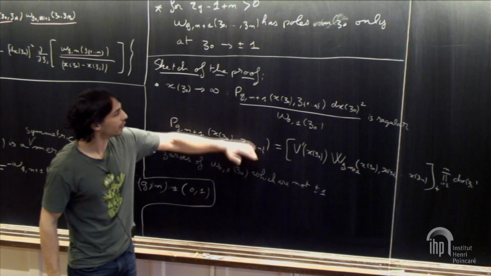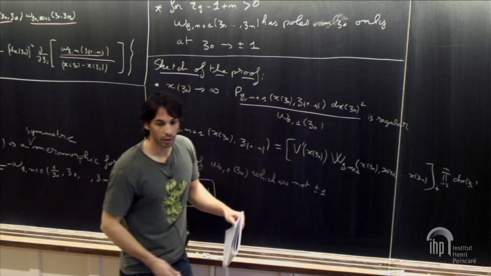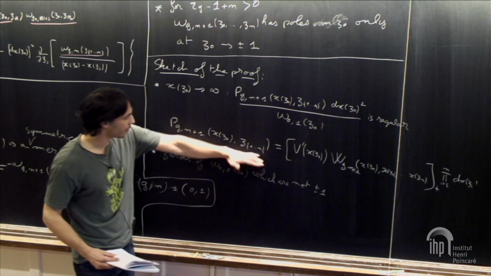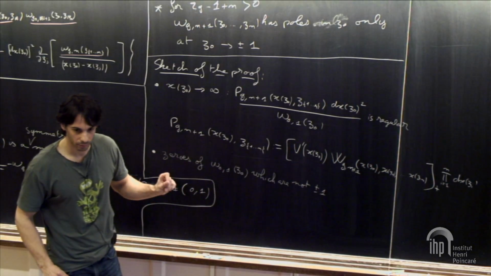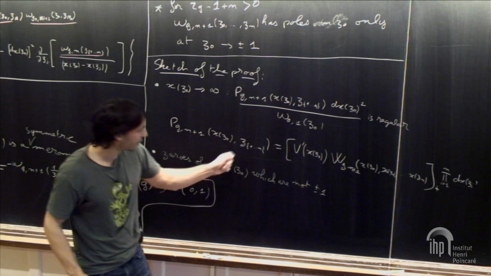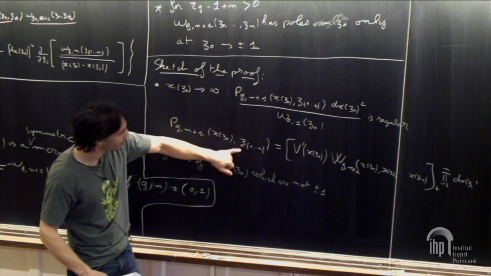I didn't put it there. This definition is a polynomial in x of z0. It's of degree n, so it's a differential form in z1 to zn.